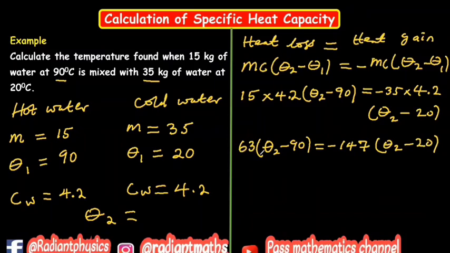So let's open the bracket now. 63 times this, minus 63 times 90. Let's quickly punch the calculator. We are having 5,670 equal to minus 147 times this, then this becomes positive, this times this.